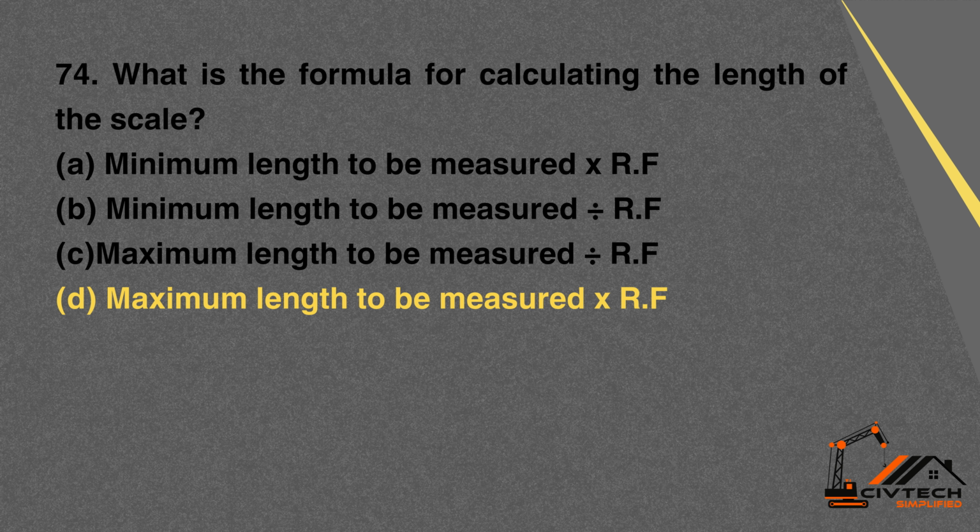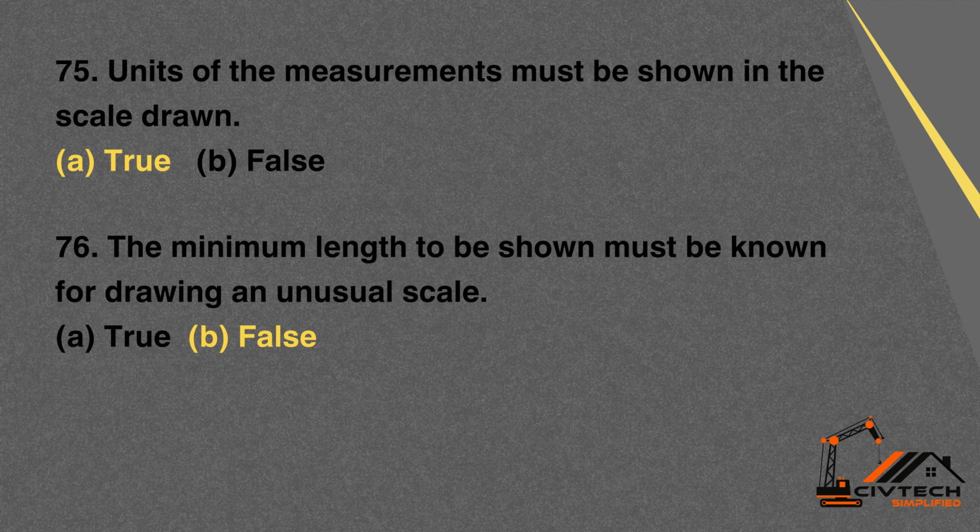C. Maximum length to be measured divided by RF. D. Maximum length to be measured × RF. Correct option D. Maximum length to be measured × RF. 75. Units of the measurements must be shown in the scale drawn. A. True. B. False. Correct option A. True. 76.